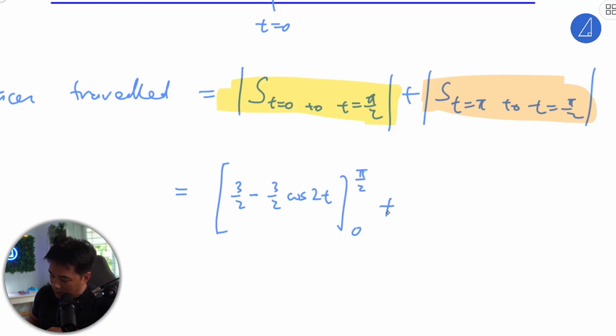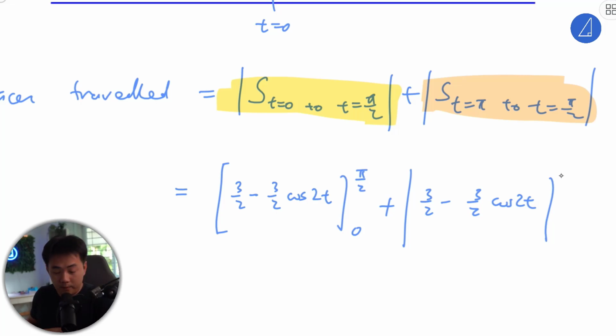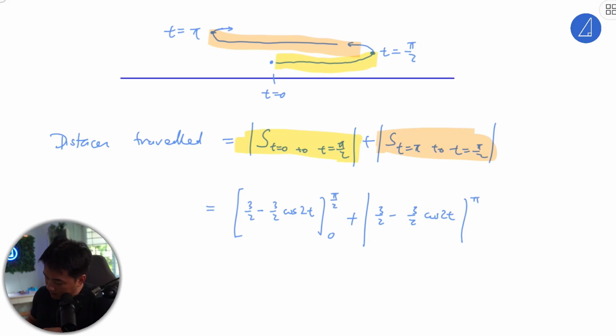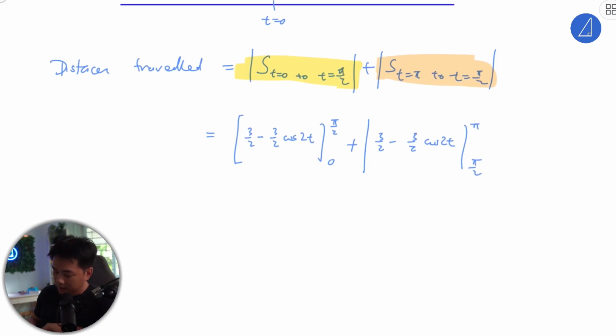So this is 0 plus the modulus of 3 over 2 minus 3 over 2 cosine 2t at pi over 2. So just put it in: 3 over 2 minus 3 over 2 cosine pi, where cosine pi is negative 1. Then 3 over 2 minus 3 over 2.